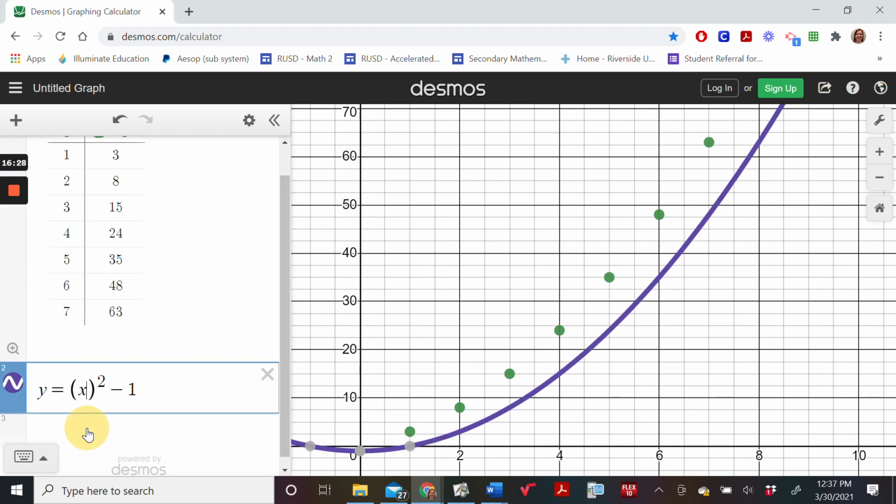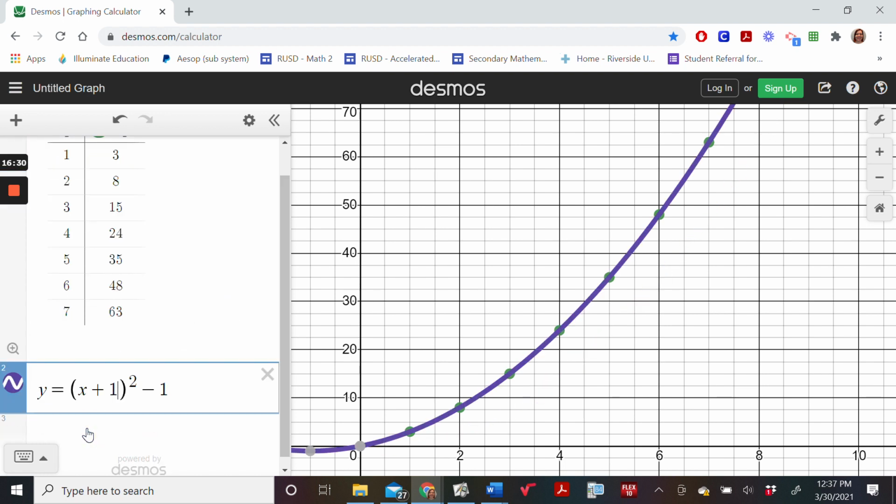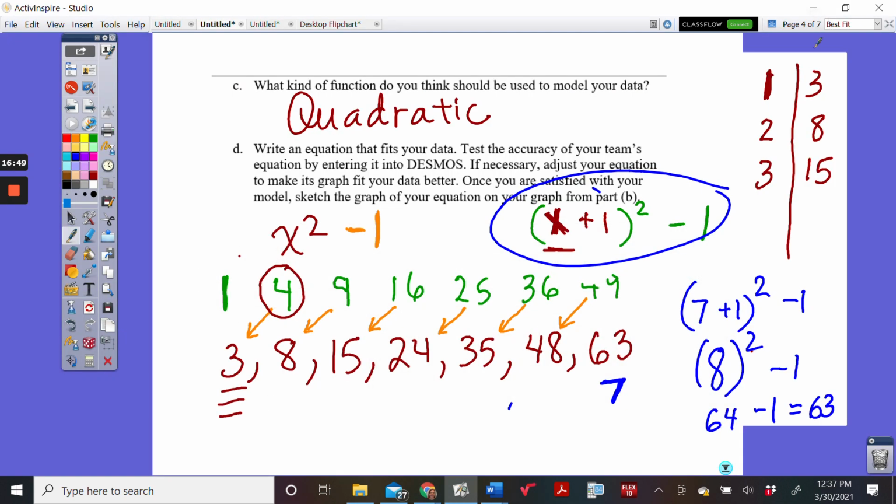But if I add 1 first, see how it goes through every single dot? And if I don't take 1 away, see how it's just above every single dot? Okay, there we go. And that's our equation. And it looks like it matches perfectly.